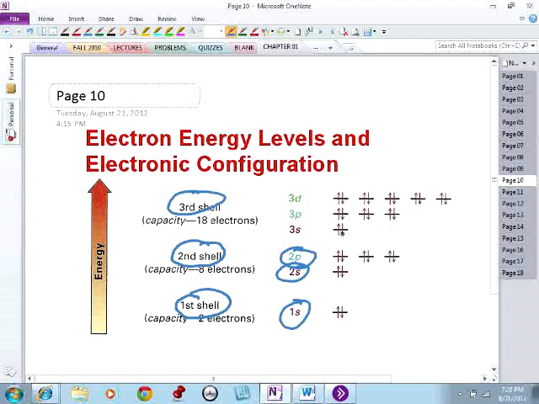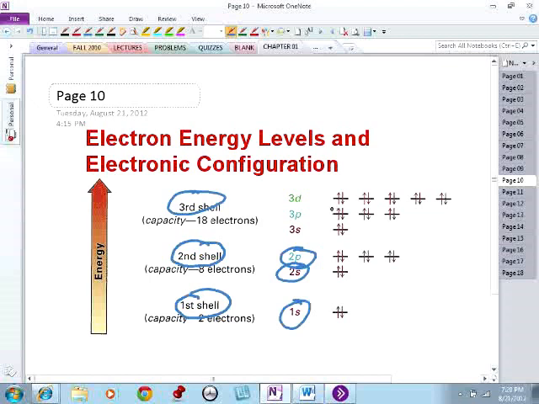As you can see here, the s orbital has only 2 electrons. The p orbital has a maximum of 6, because each one of them must only take 2 electrons. And the d orbitals, you have 5 of them, 5 d orbitals. Each one of these will take a maximum of 2 electrons.